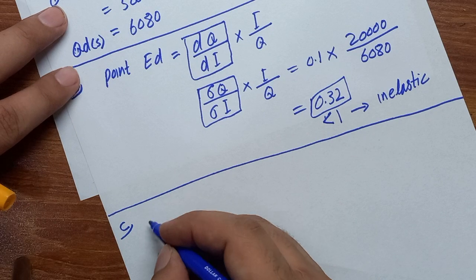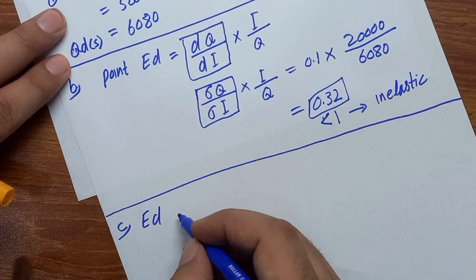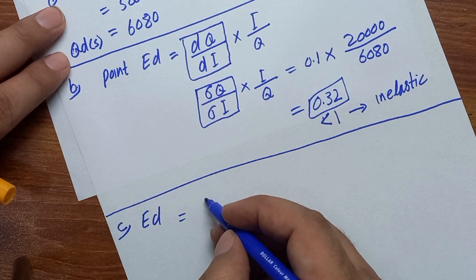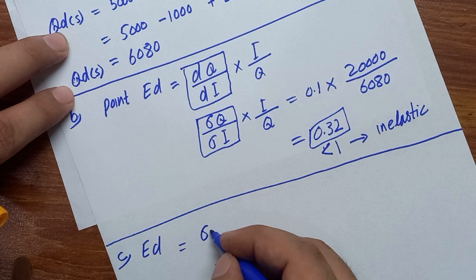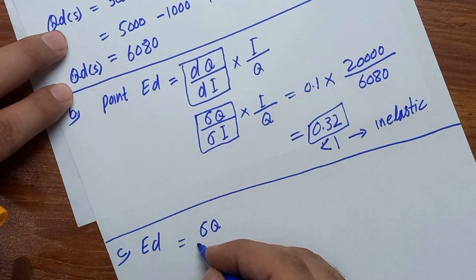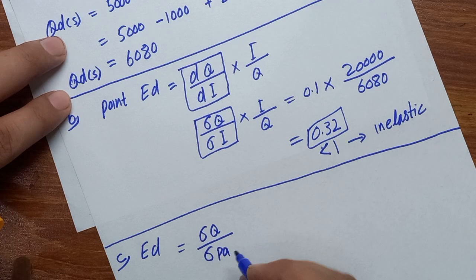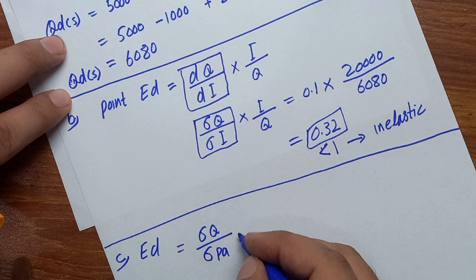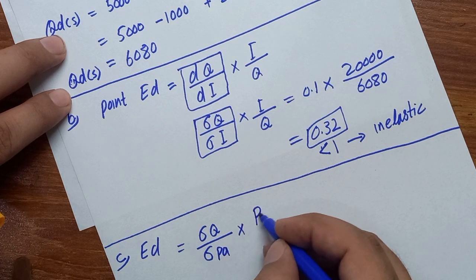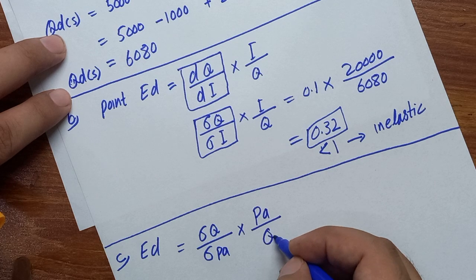So again we use point elasticity of demand with the same function: partial derivative of Q divided by partial derivative of PA, since now we are comparing the price of aluminum. Multiply by the price of aluminum, PA, divided by quantity.